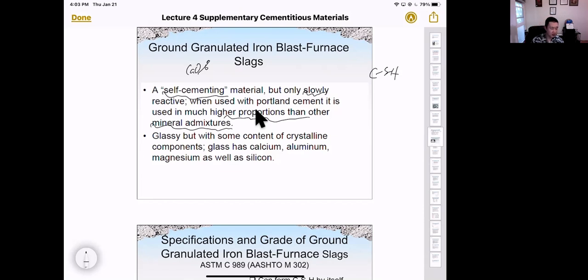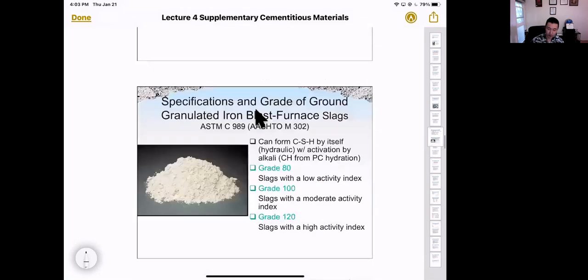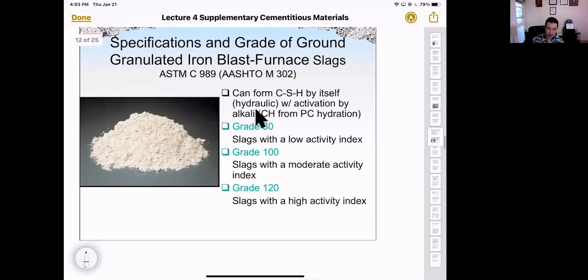The glass also has calcium, aluminum, sometimes magnesium, and also silicon. The specification for GGBS, ground granulated blast furnace slag, is from ASTM C989.